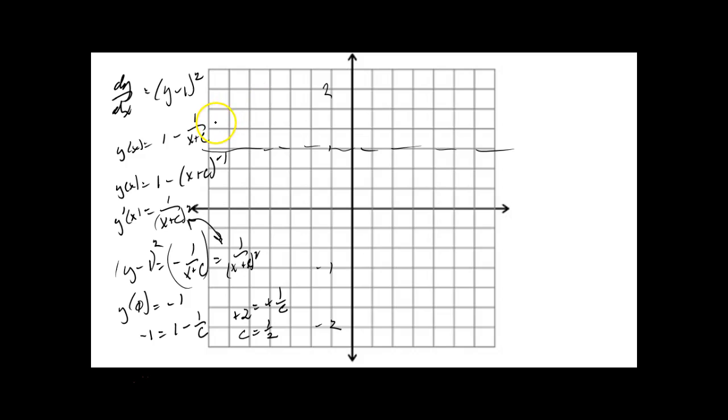Let's plug that in here then. 1 minus 1 over x plus 1/2. All right. Now, this time I'm only going to do minus 1, minus 2, minus 3, 1, 2, 3.